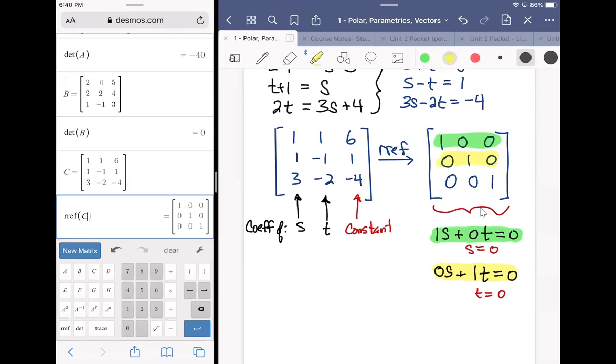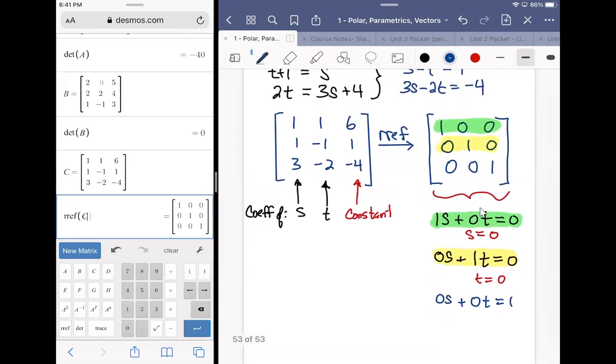So the last one is where things completely fall off the rails, because we have 0s plus 0t is equal to 1. That's a contradiction. 0 equals 1. Not true. Contradiction.